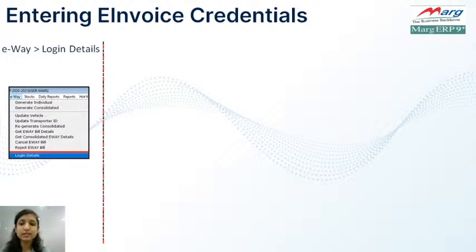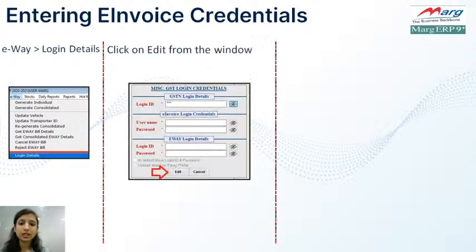For this, simply you need to go to eWay tab, login details, and then press enter. Thereafter, you will get the window of miscellaneous GST login credentials. Please keep in mind, please be careful. Firstly, you need to click on the edit tab to mention your API credentials in the software.